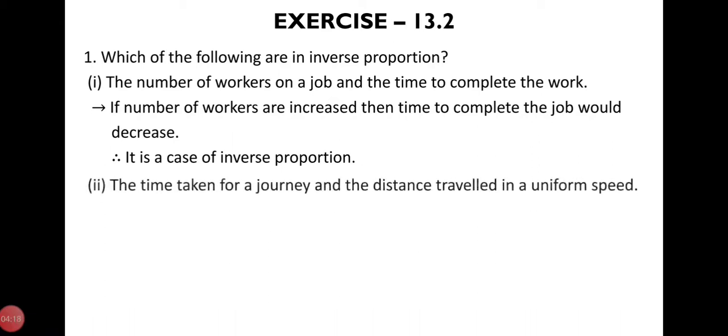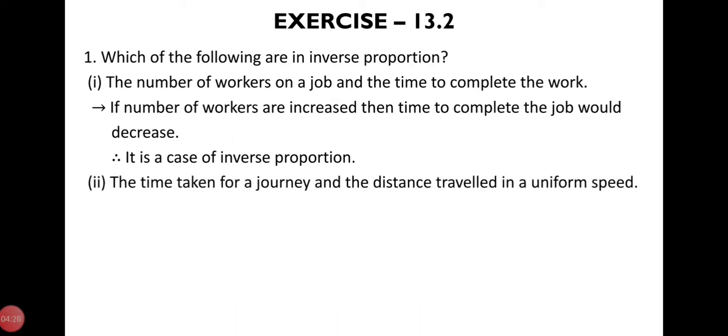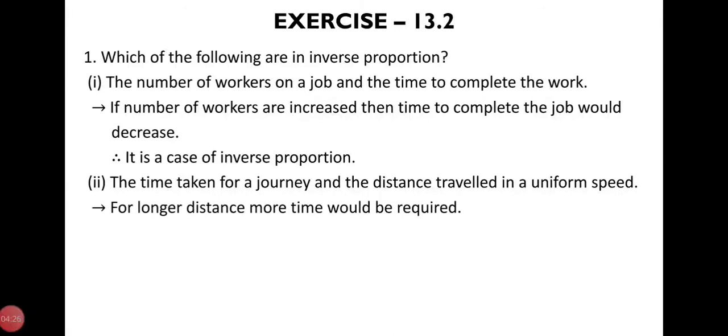Number 2. The time taken for a journey and the distance travelled at a uniform speed. Here for a longer distance more time would be taken, because speed is not changed. We are keeping the speed uniform, means if we are driving at the same speed, then it will take more time to cover the given distance.